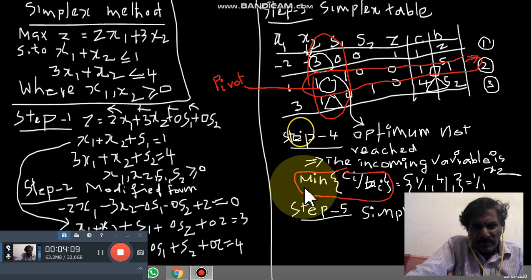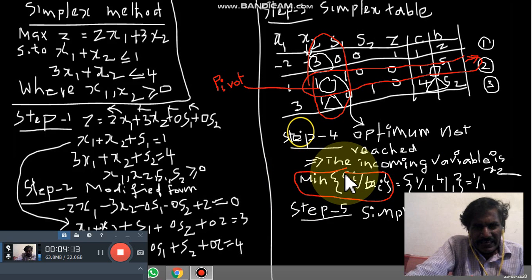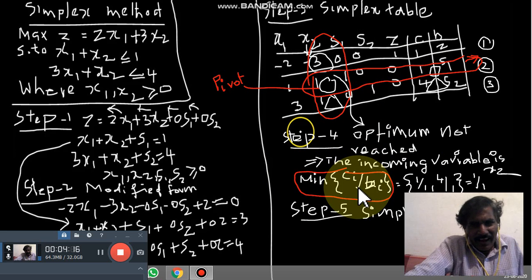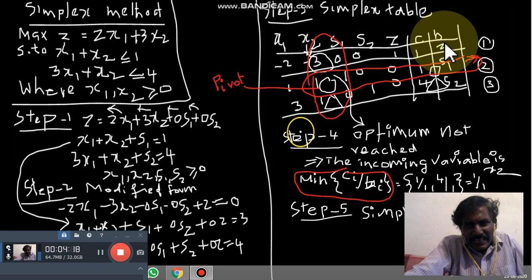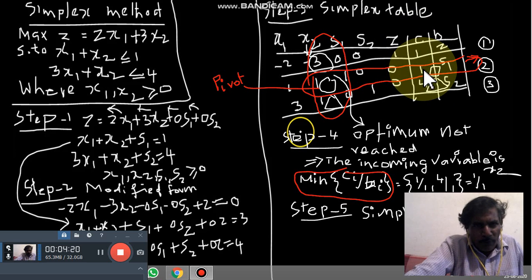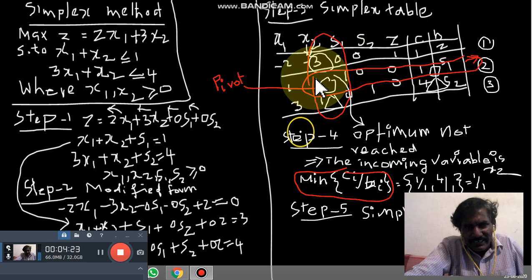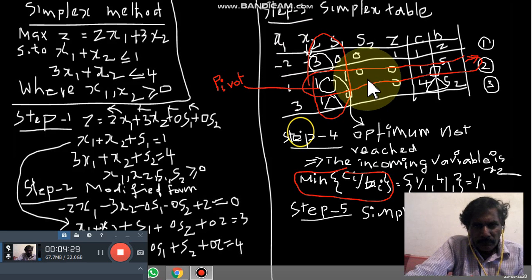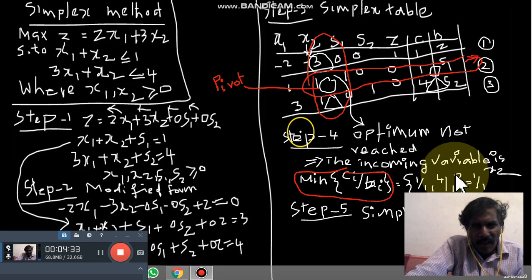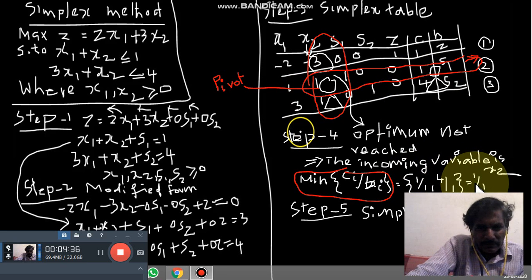So what is that? The minimum replacement ratio we are finding out here. The minimum replacement ratio is Ci by Xi. Ci is the constant coefficient, and Xi is the corresponding value in the incoming variable column. So here 1 by 1 and 4 by 1. Among these the minimum is 1 by 1.